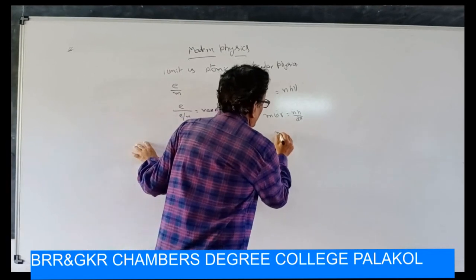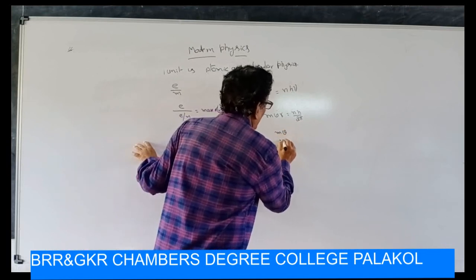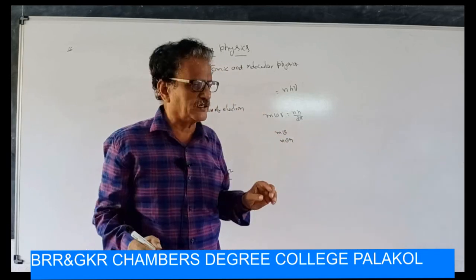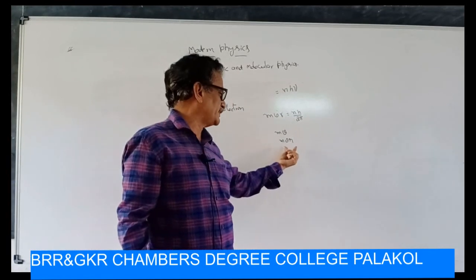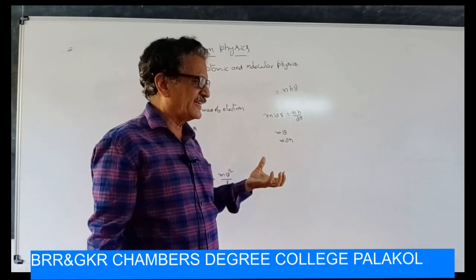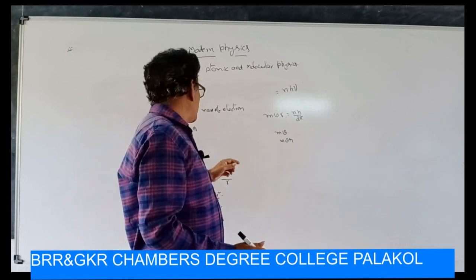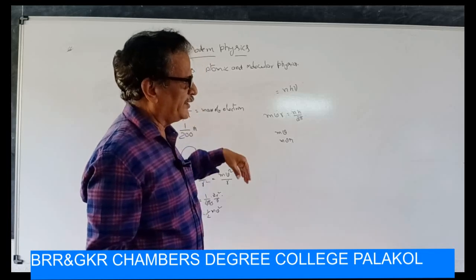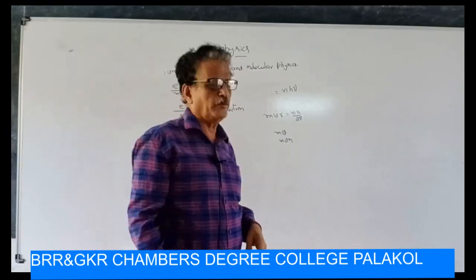Momentum is mv. Moment of momentum is mvr, just as moment of a force is equal to force into perpendicular distance. The second assumption made by Bohr is, as long as the electron revolves in its stationary orbit, the angular momentum of the electron is equal to nh by 2 pi.